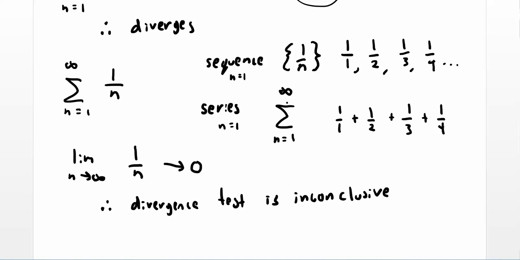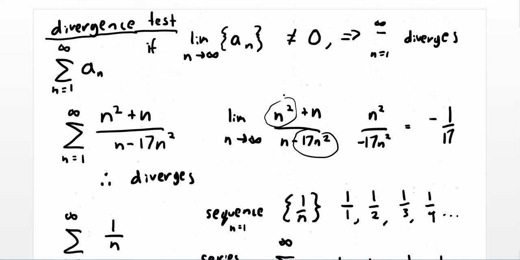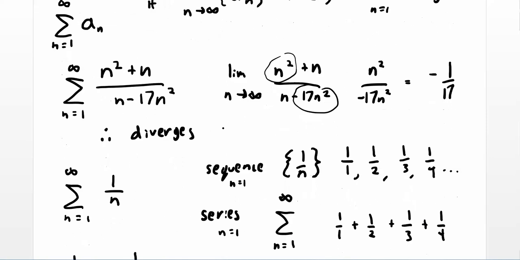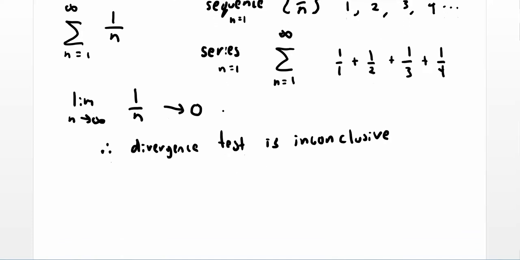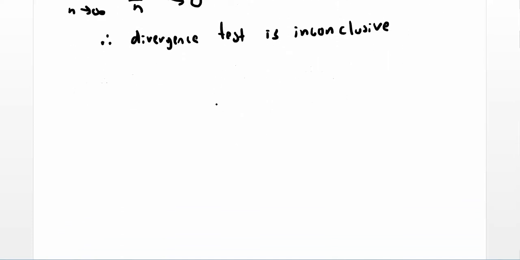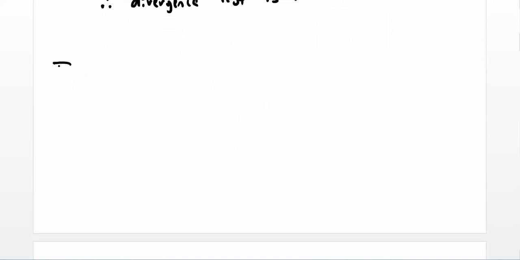Why? Because the limit has to be anything other than 0 for you to conclude that your series diverges. If it is 0, you have to try something else. Let's try another example.